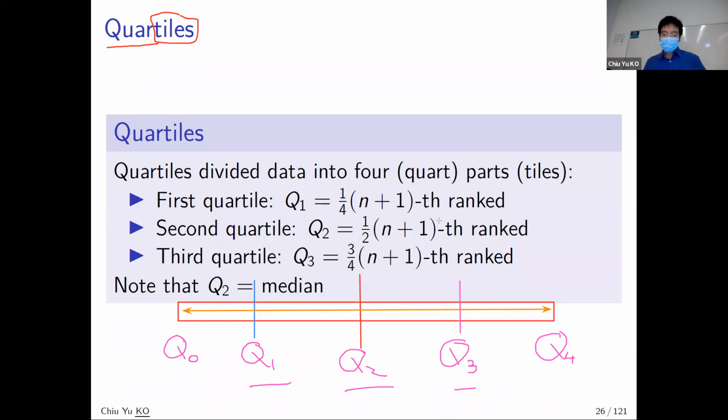And as we can see in this diagram, if Q4 and Q0 move around, then the range changes, okay? So one way to avoid the problem of extreme values is looking at this Q3 minus Q1, which we define as IQR, the interquartile range, in the next slide.